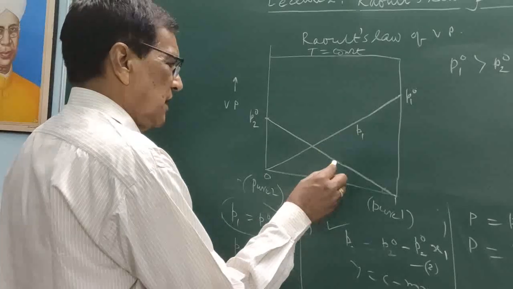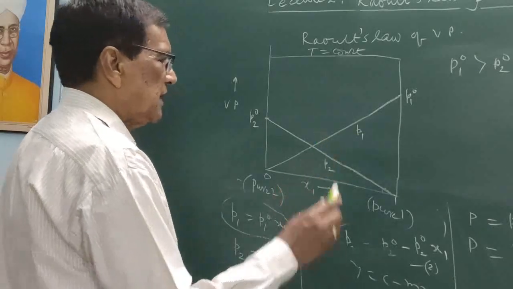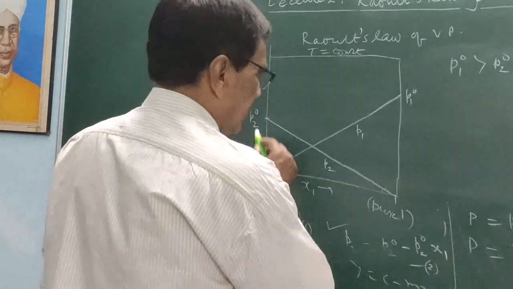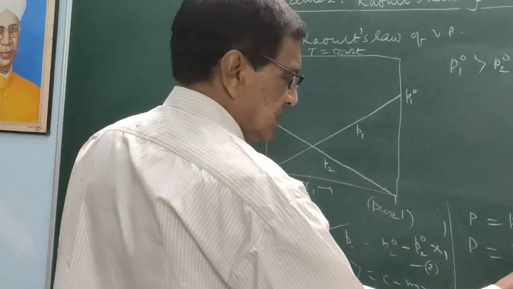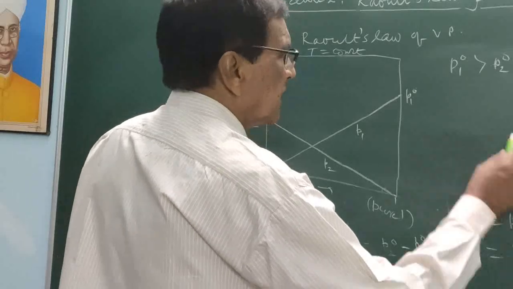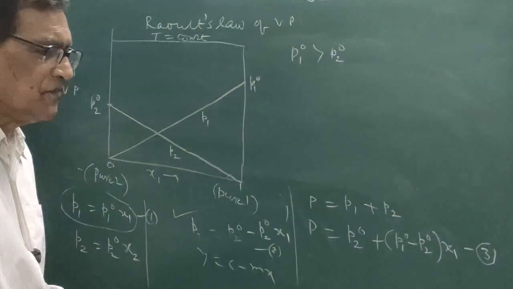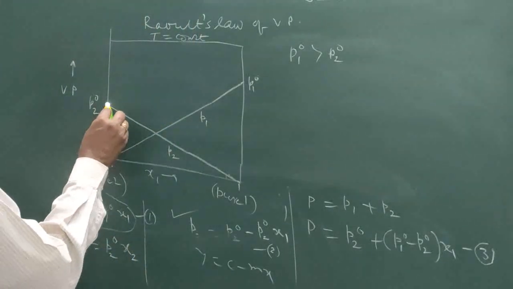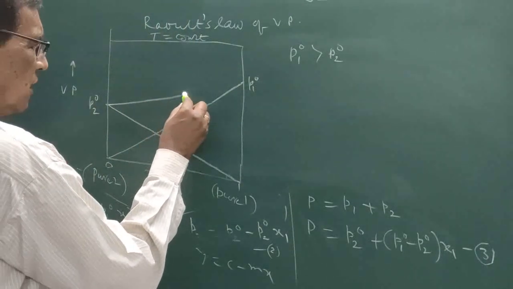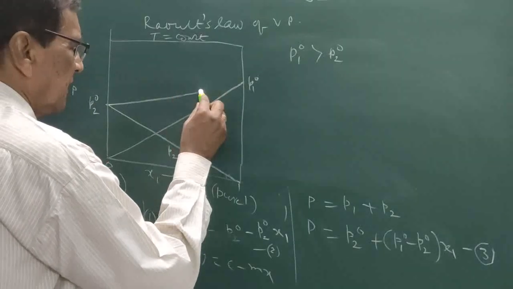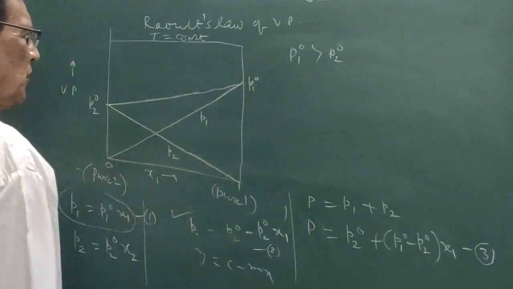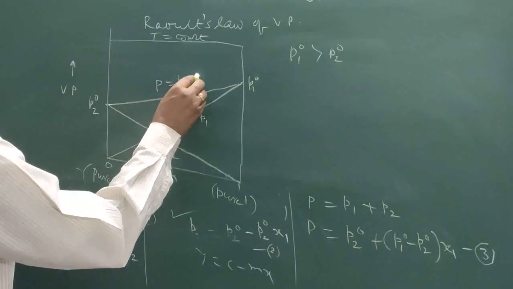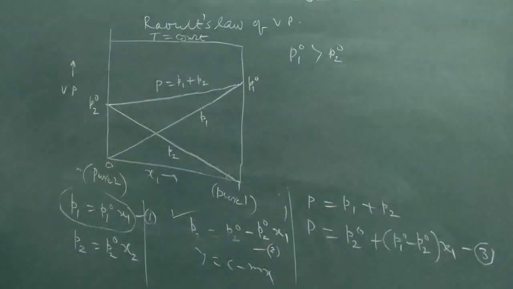This is P1 and this is P2, and the pressure P is plotted along this y-axis and X1 along this x-axis, and P1 naught is greater than P2 naught as we have assumed. So this curve will start from P2 naught and end at P1 naught, and this is P equal to P1 plus P2.